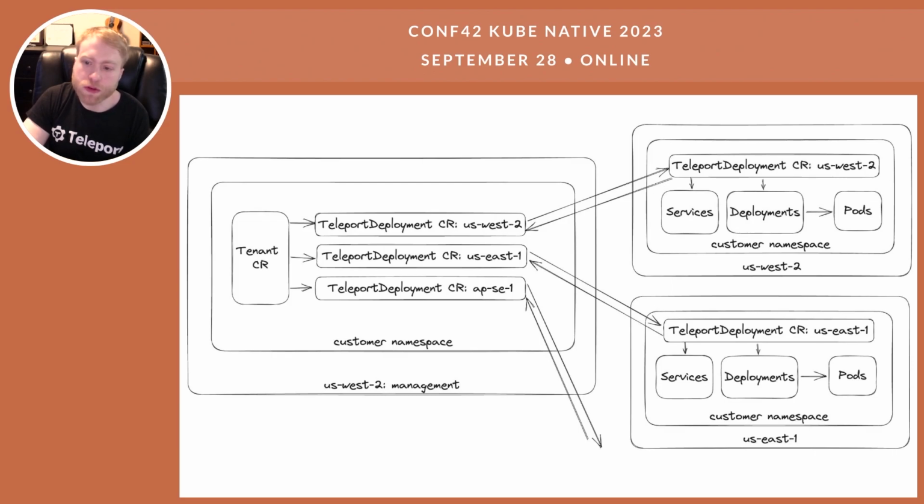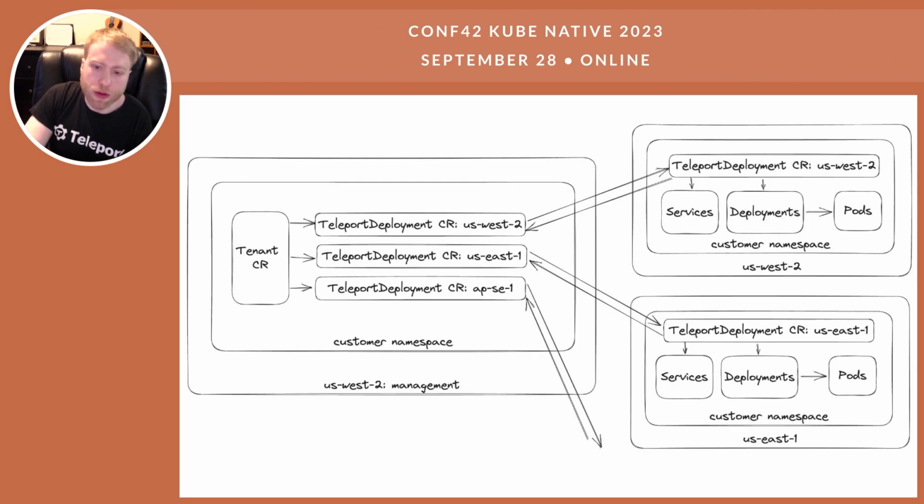The way Sync Controller works is it let us build this architecture where we could have a management cluster that is driven by that tenant custom resource inside of a customer namespace, but the controller for the tenant resource is just responsible for creating additional teleport deployment resources, one for each region that teleport needs to operate in for that customer, and then that custom resource is synced just to an individual instance of the same resource that lives in each of the different regions.